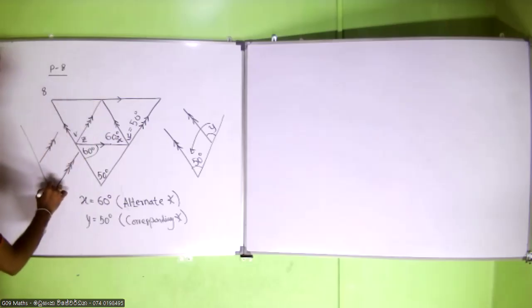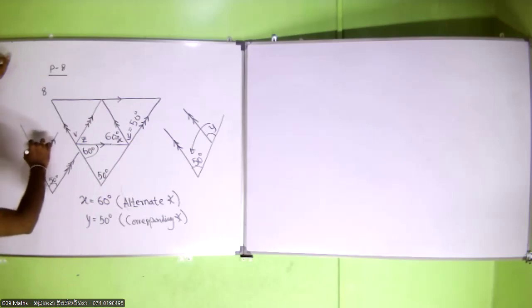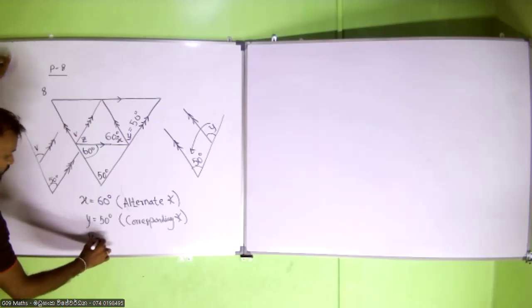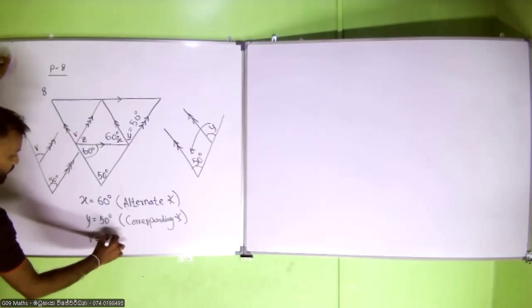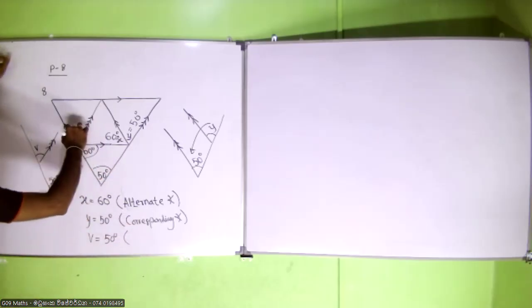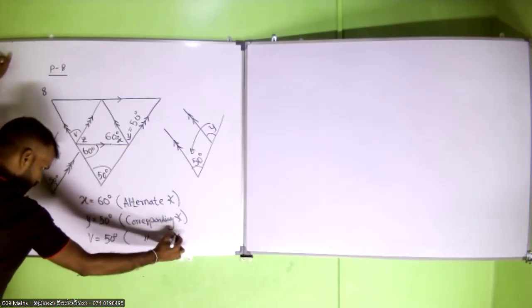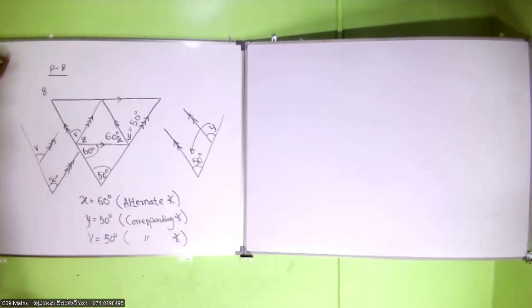You know this is 50, and this one is v. So you can directly write v is equal to 50. Why is that? Corresponding angles.